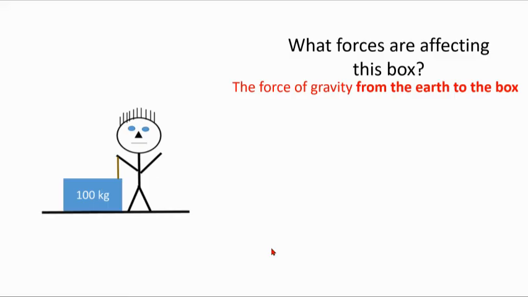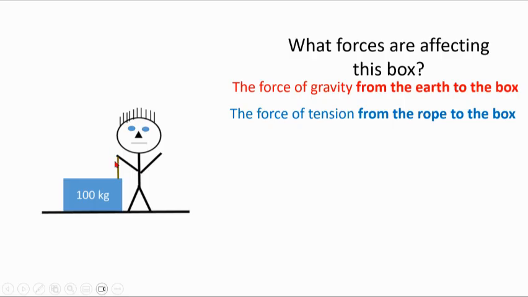Secondly, I notice the box is being lifted up by a rope, right? And so there's a force of tension, and that force of tension comes from the rope to the box. Now, I know what you might be thinking. Isn't he pulling up on the rope, so isn't he causing the force? And the answer is yes, he is causing the force by pulling up on it, but we're only looking at the box and the things that are directly applying a push or pull on the box.